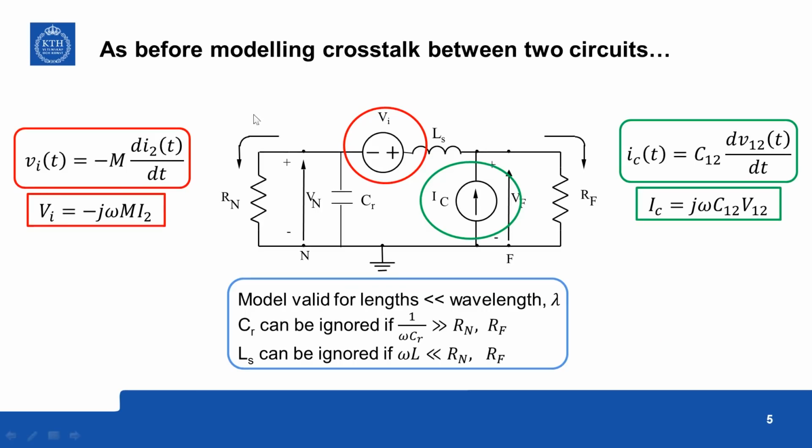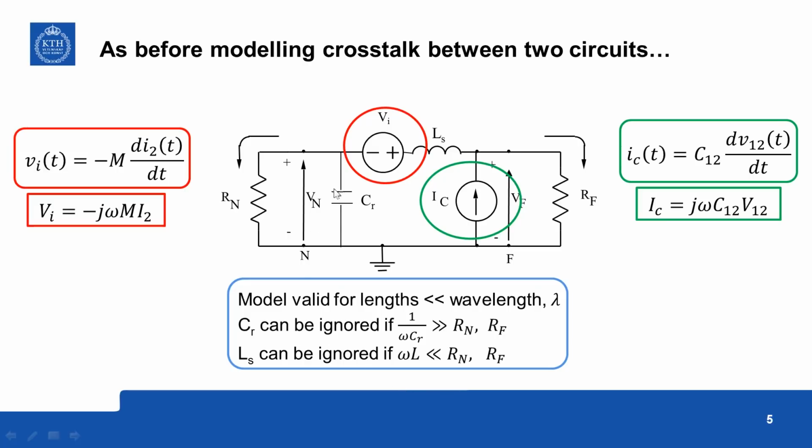The generic models for inductive coupling and capacitive coupling we have seen before. So these principles we will be using in this analysis, and as before, the inductive coupling is V equals minus M di2 by dt, and the capacitive coupling source is I equals C12 dV2 by dt.